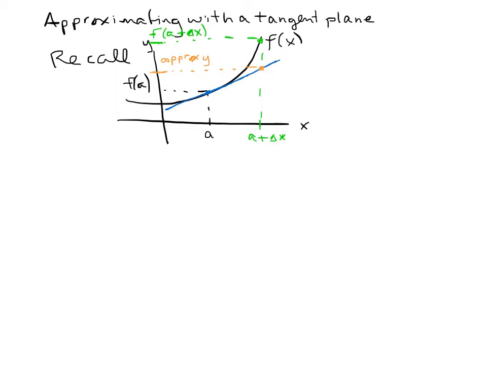And then some other wording in here. The difference between the point where we would start, the difference between the function of A and the approximate value, and it's the approximate value because we're using the tangent line, that we refer to as dy, and it's called the differential.